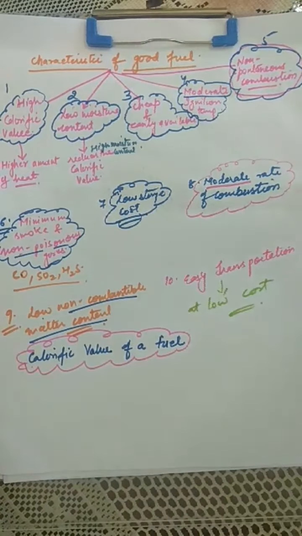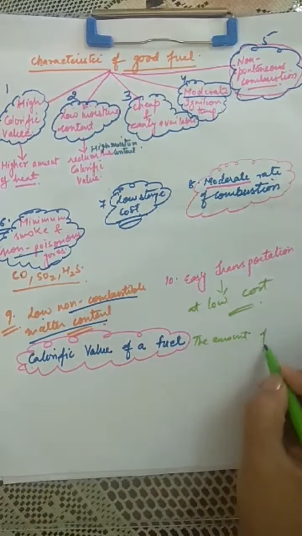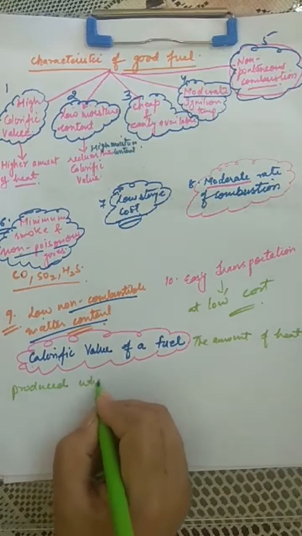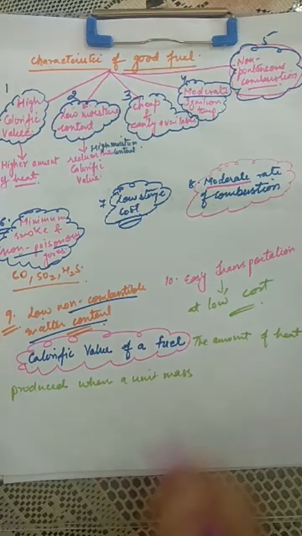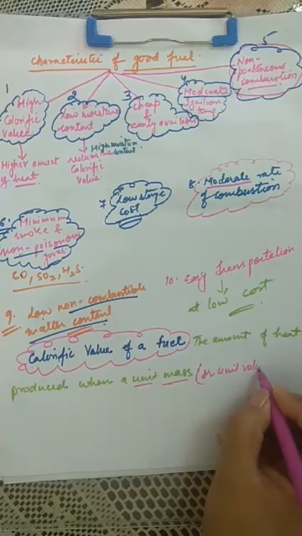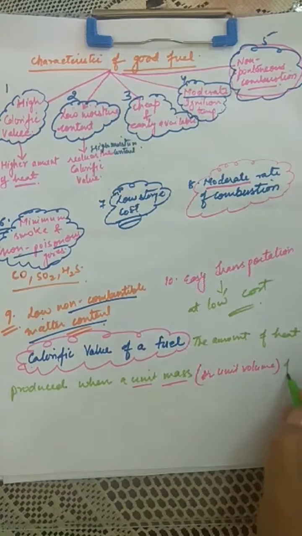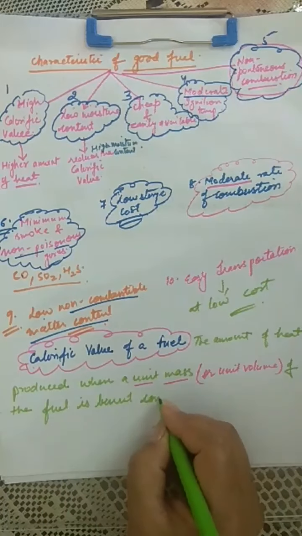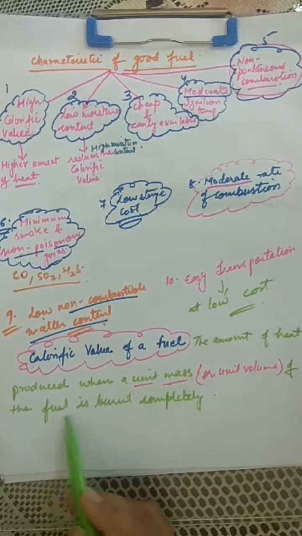But here we will fix some amount. The calorific value of a fuel is the amount of heat produced when a unit mass, or if we are taking a gaseous fuel then instead of unit mass you can write unit volume, or if you are taking a liquid then you can write unit volume of the fuel, is burnt completely.